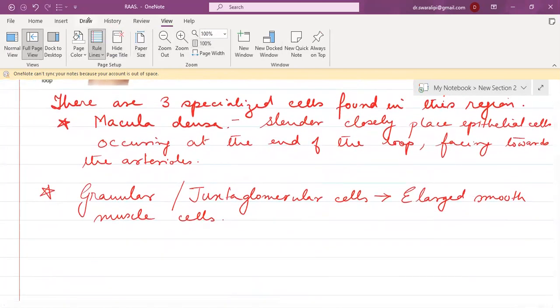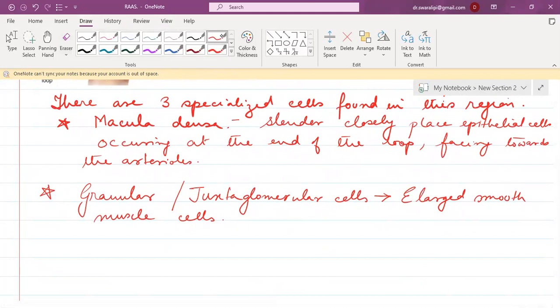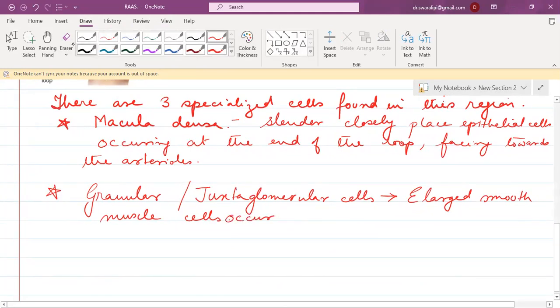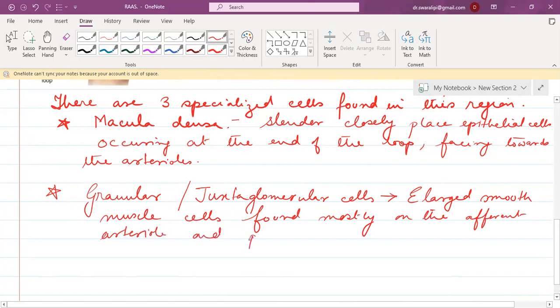So what I'm saying, these juxtaglomerular cells are enlarged smooth muscle cells, found mostly on the afferent arteriole and partly on the efferent arteriole.